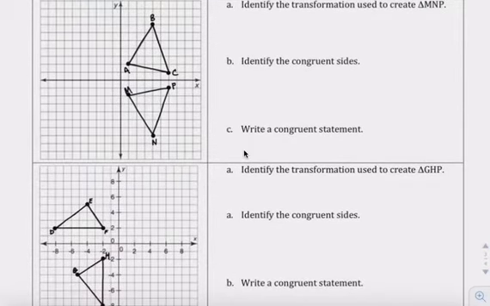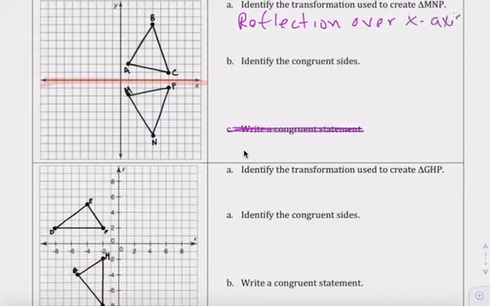Same thing here, you don't need to write congruent statements. Identify the transformation that occurred. Oh, that's also a reflection. Wow, I gave you two reflections over the x-axis again. Now you should be able to do this on your own after this.